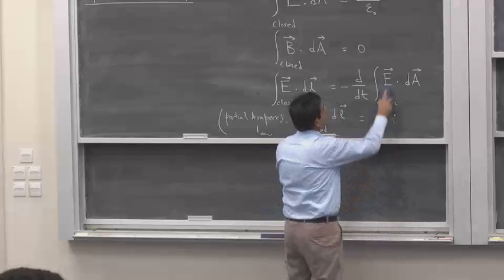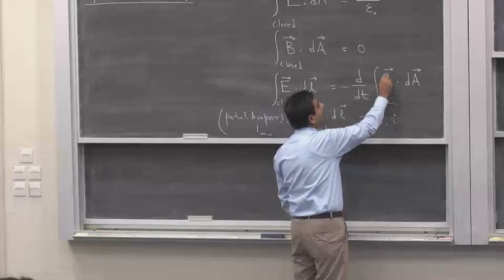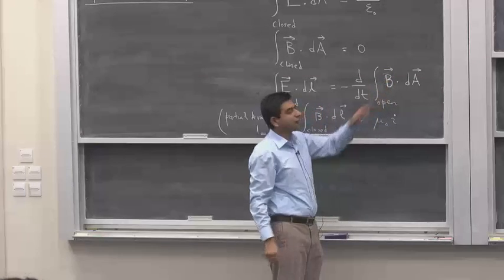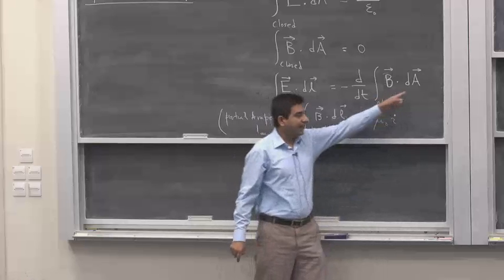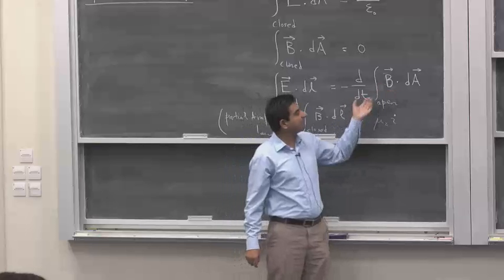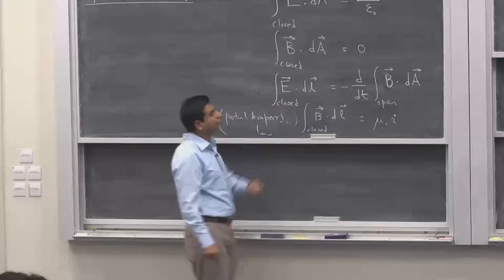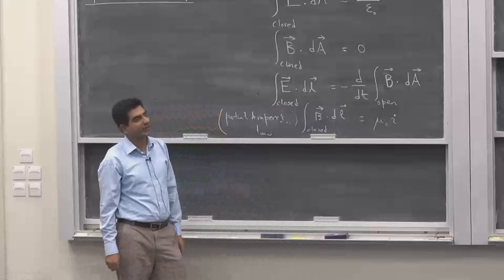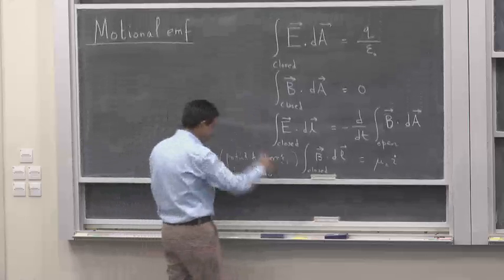Sorry, this is B dot dA. I'm so sorry. You can have time varying magnetic fields, or you could have time varying areas, or you could have both. Whenever you have a time changing magnetic flux, it produces a non-conservative electric field. So these are the four Maxwell's equations that we've seen so far.